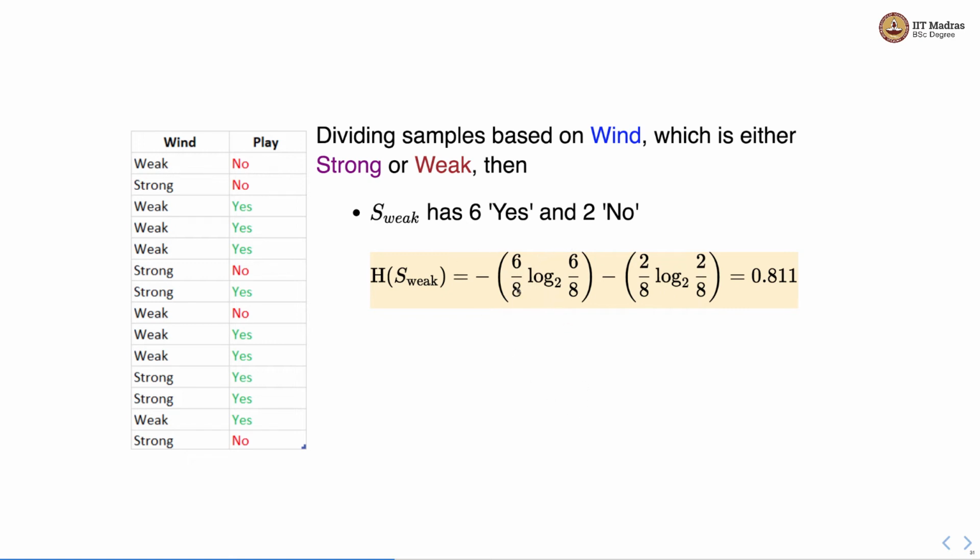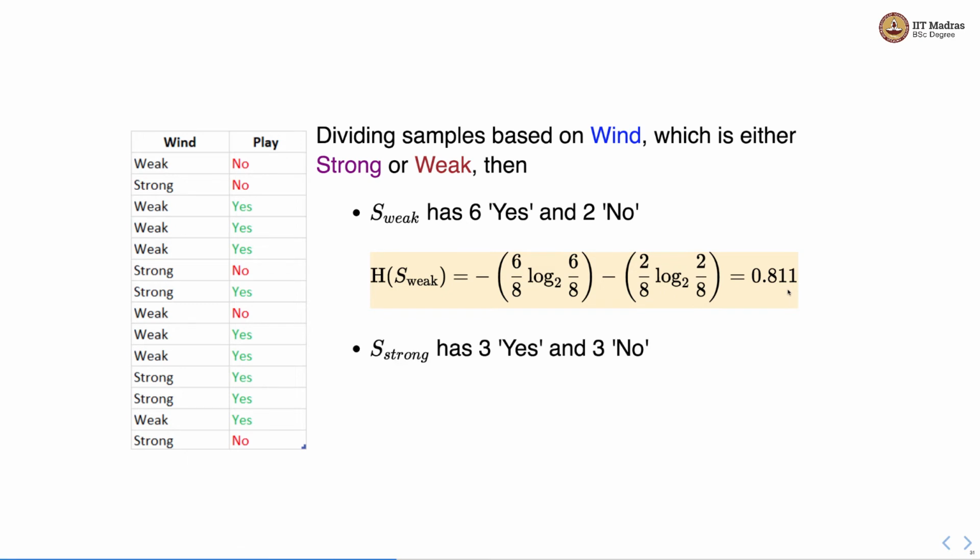Since 6 out of 8 examples are yes, we multiply that fraction with the log of the fraction to the base 2, and then sum that with the fraction of examples with label no, 2 by 8, multiplied by the log to the base 2 of the same fraction. The entropy for S weak comes out to be 0.811.